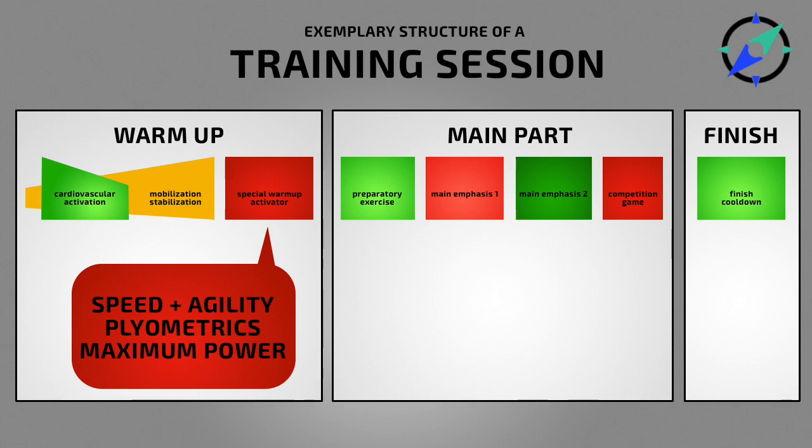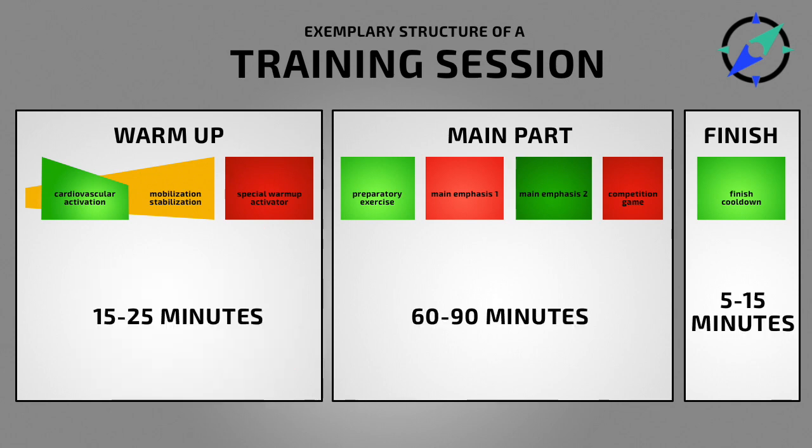Some kind of activator, as I always say, some special warm-up which is supposed to get us really hard and perfectly prepared for the main part. Can be speed and agility exercises, some plyometrics exercises, maximum power, medicine ball exercises, whatever, just to get prepared properly for the main part.